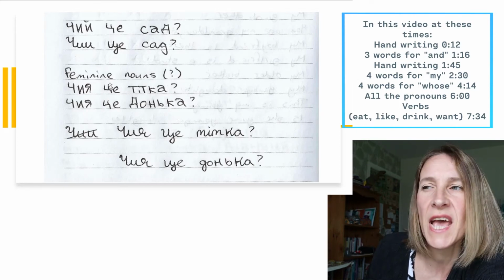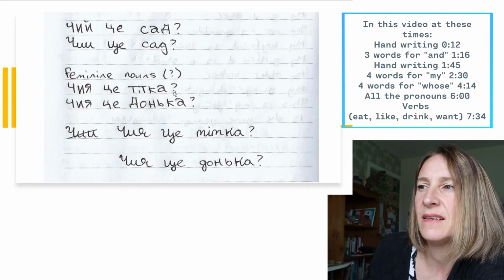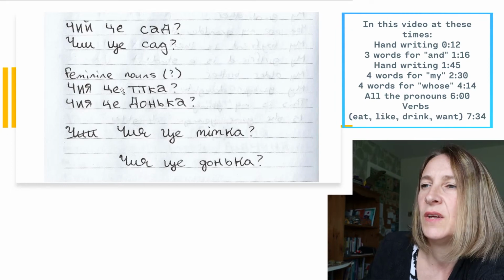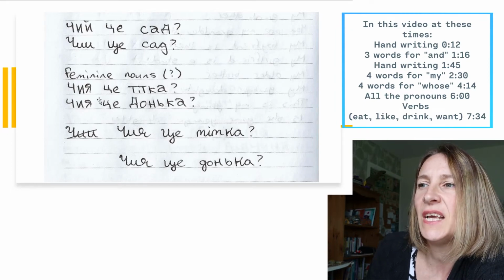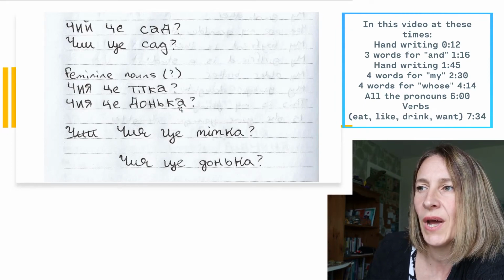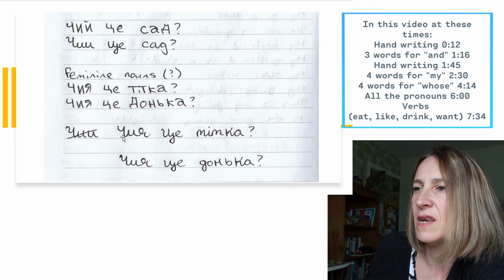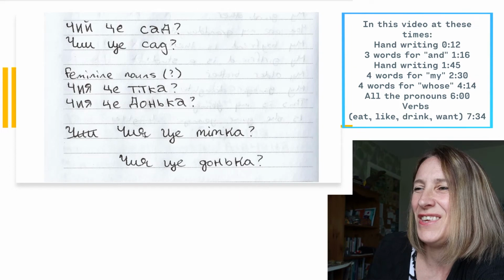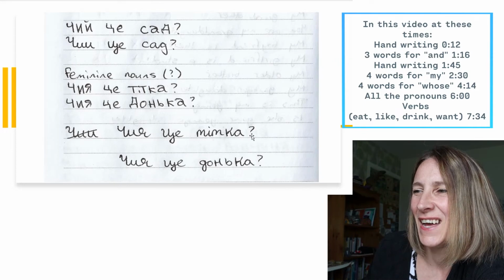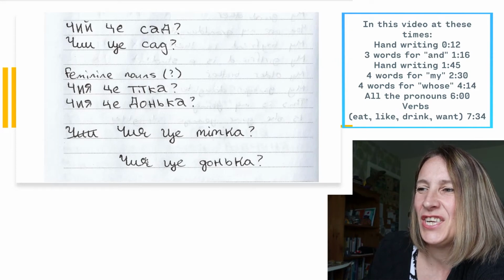Feminine, czyja. Czyja tse titka. Whose is this auntie? Chia tse donka. Whose is this daughter? So I've got them written here. Look, there's the ya. Chia tse chitka. Whose is this auntie?